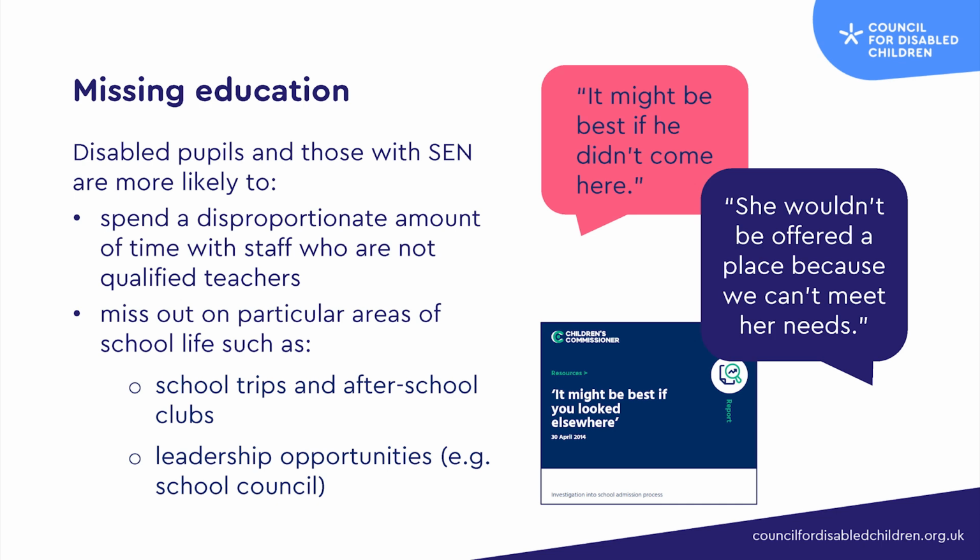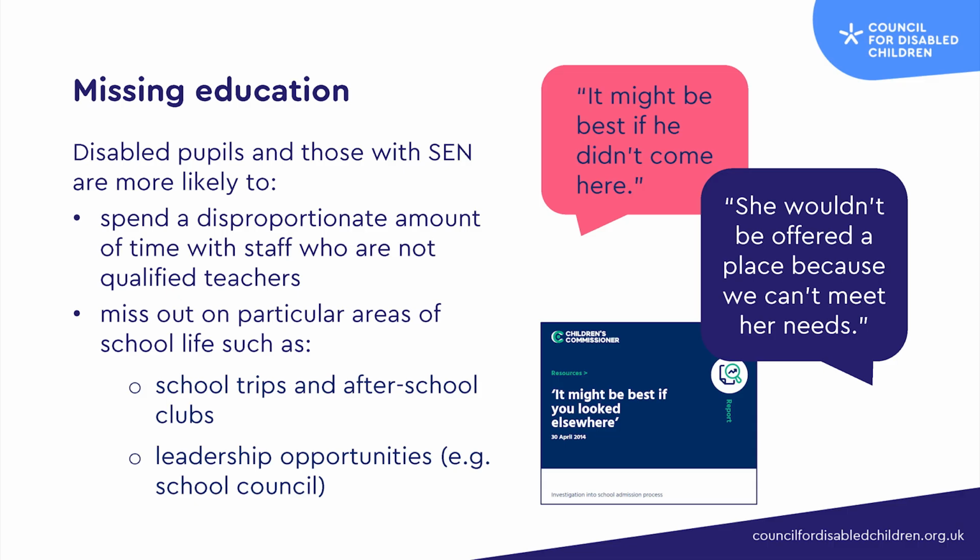Ofsted's Supporting SEND report in 2021, using mainly SEN data, also highlighted that disabled pupils are more likely to miss out on wider parts of school life, such as trips, after-school clubs and leadership opportunities like being part of school council.